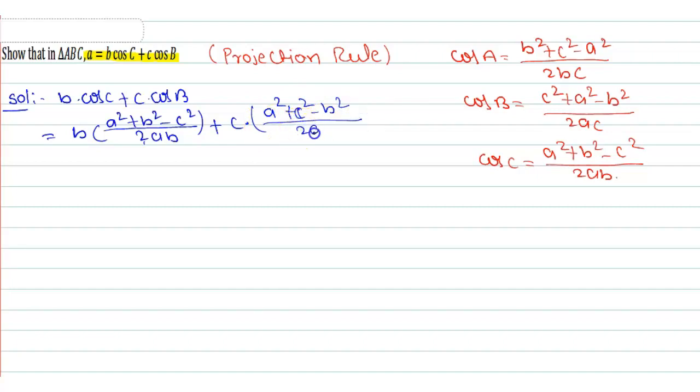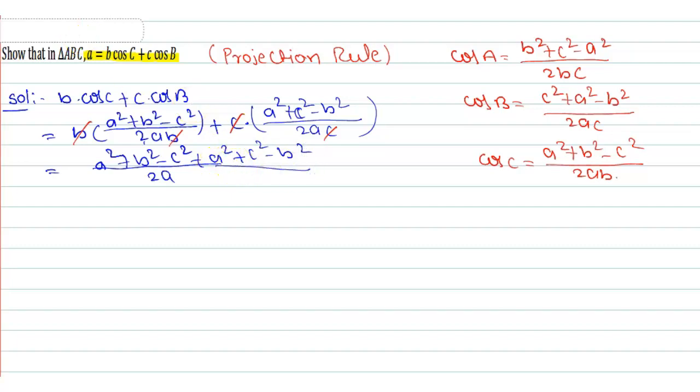by 2ac. So here what I can do, I can cancel similar terms: b and b cancel, c and c cancel. Remaining left over, 2a as the LCM. So by 2a, the numerator should be added: a square plus b square minus c square plus a square plus c square minus b square.